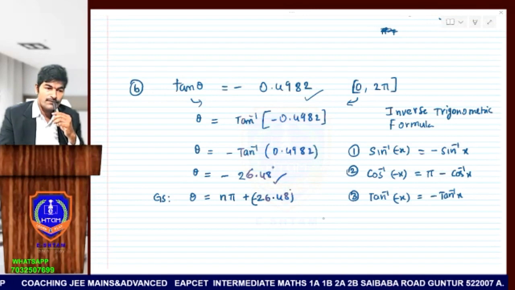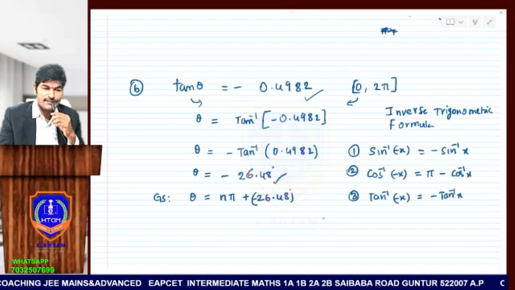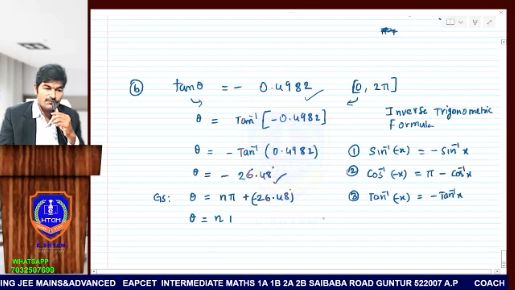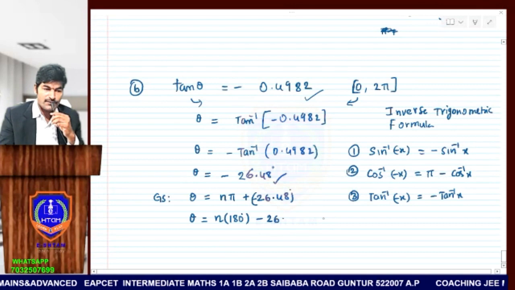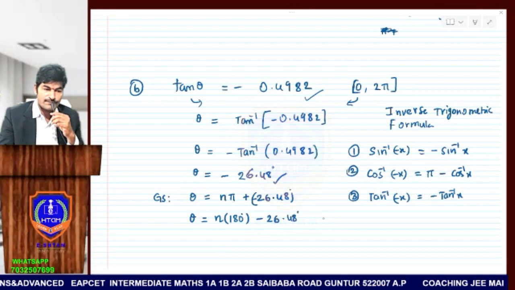Now, in this case, we will use pi as 180 degrees because these are numbers. So theta equals n into 180 degrees plus minus 26.48 degrees.